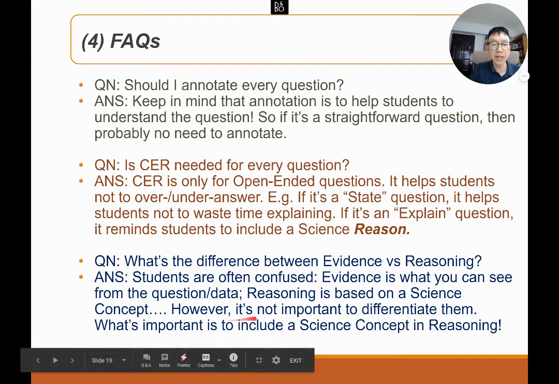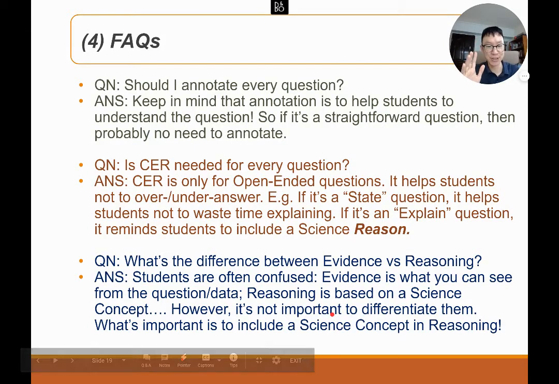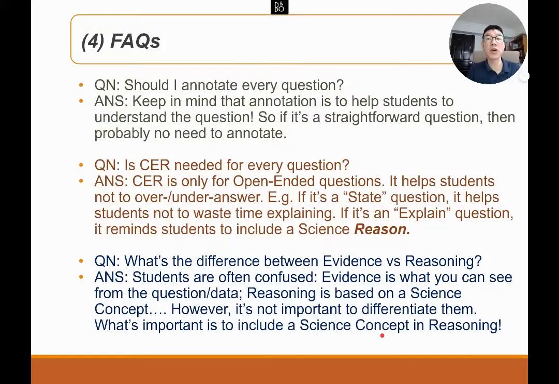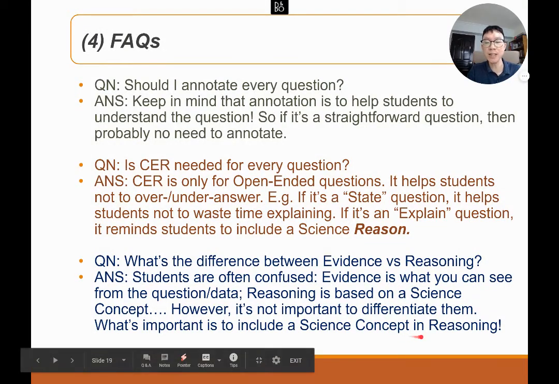But it is not important to differentiate between evidence and reasoning. That's not as important. What's important is actually to remind our students that when they answer an explain question, they need to bring in a science concept in reasoning.